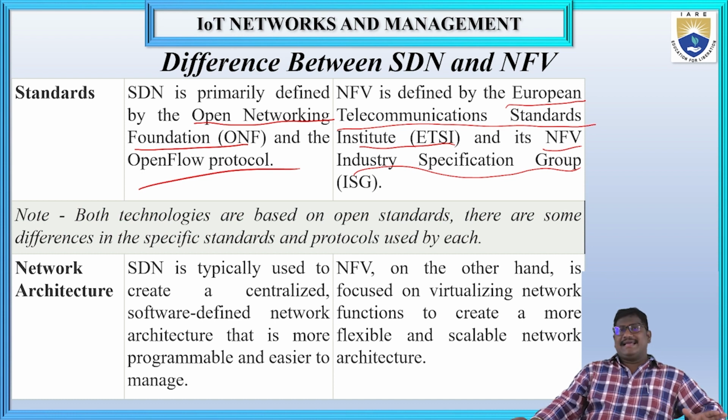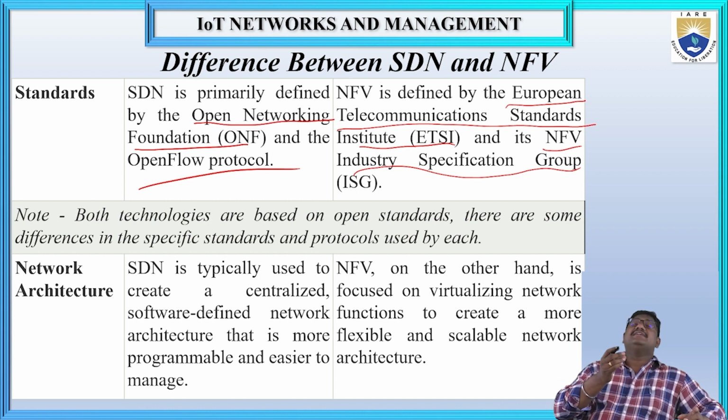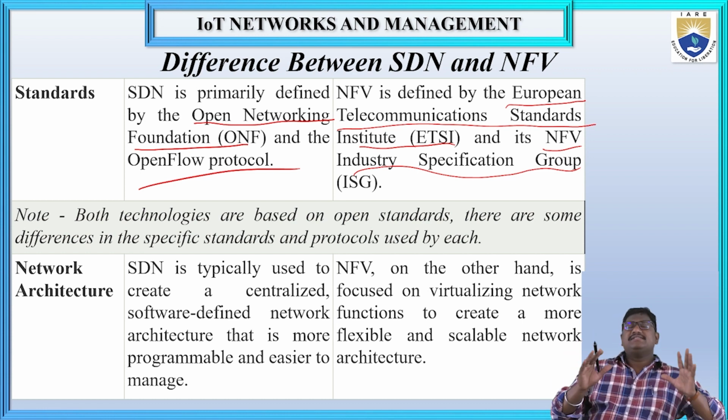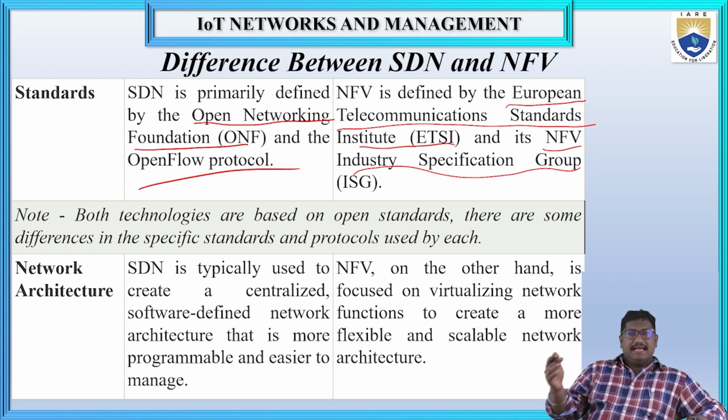If you understand properly, both technologies are based on open standards only. There is a slight difference to be discussed, like what kind of standard and what kind of protocol it was using. That was a small difference between these two networks, SDN and NFV.